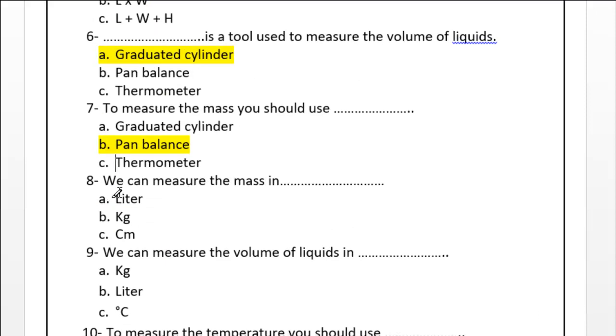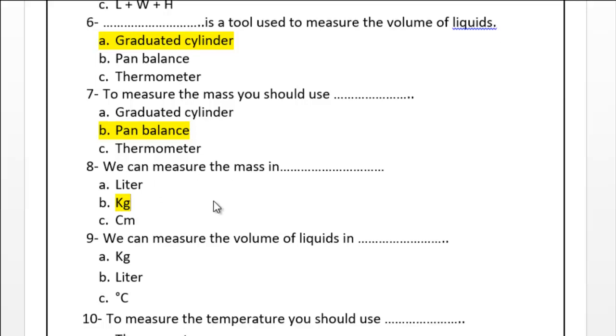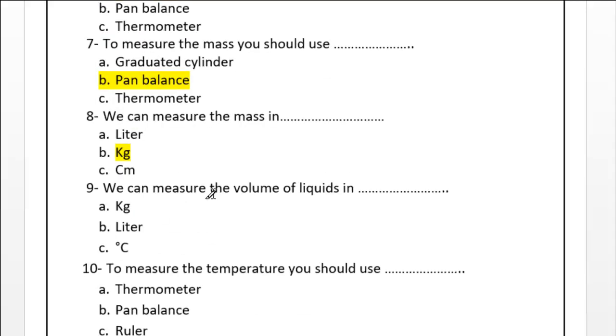Number 8: the measuring unit. Kilogram is the measuring unit of mass. We can measure the volume of liquids in, that's right, liter. Liter is the measuring unit for the volume of liquids.